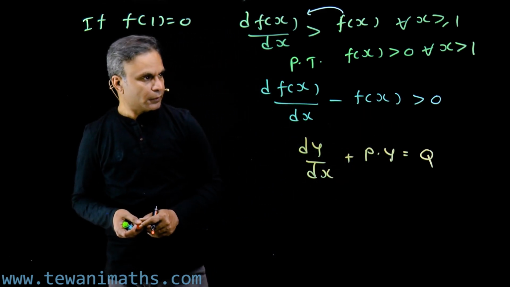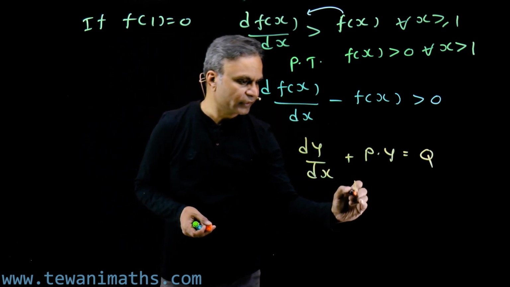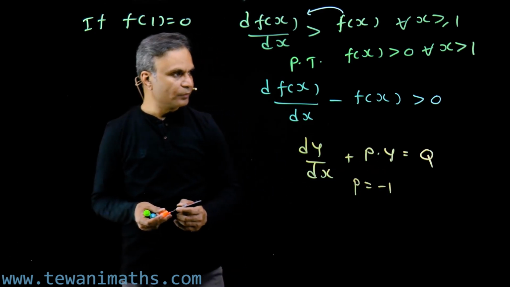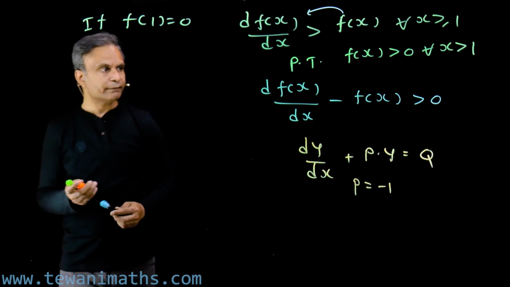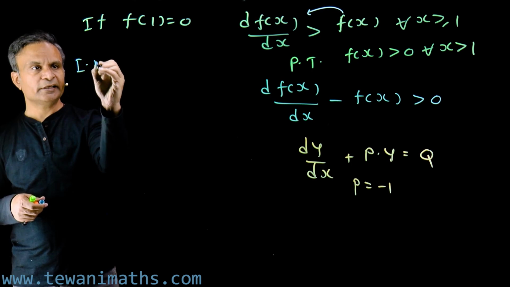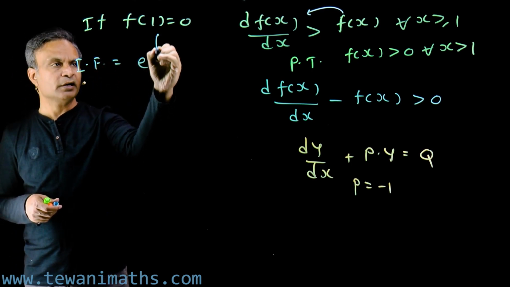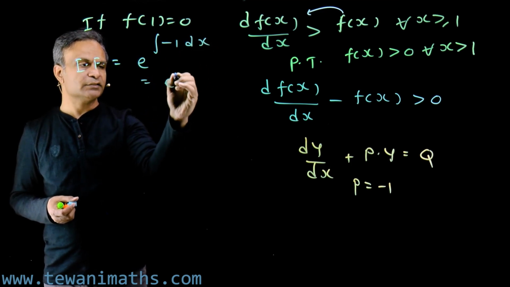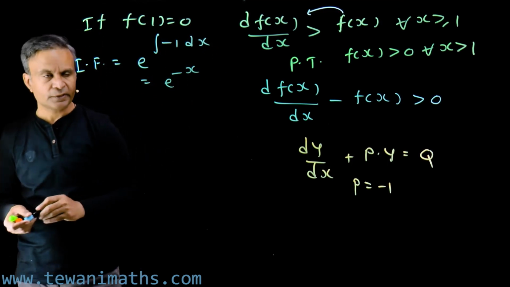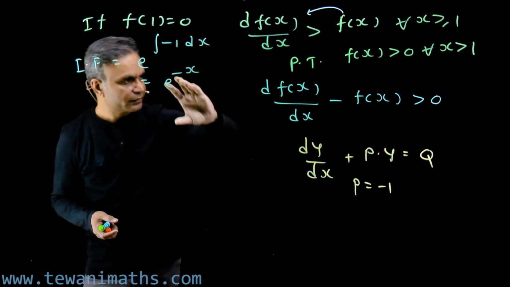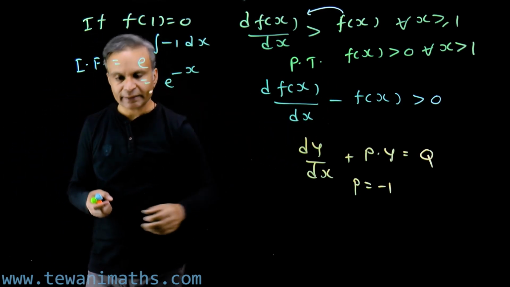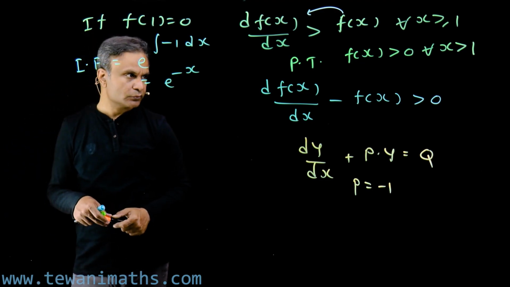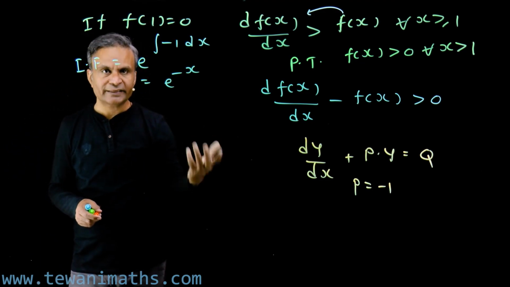Now if we compare, what we get: p is equal to -1. Then integrating factor will be e power integration of -1, and this is e power minus x. So we will multiply this inequality by e power minus x. E power minus x will be always positive, so there won't be any problem with inequality sign.